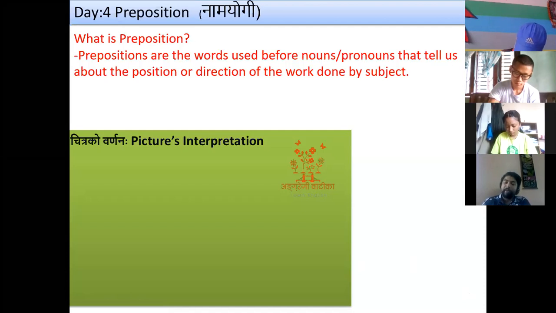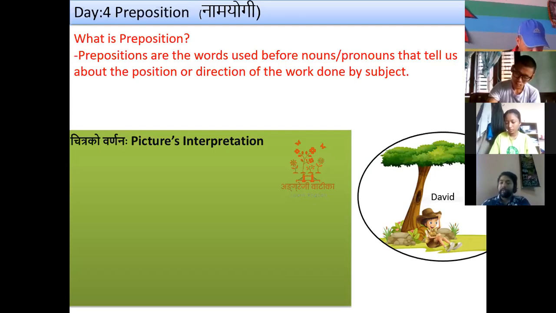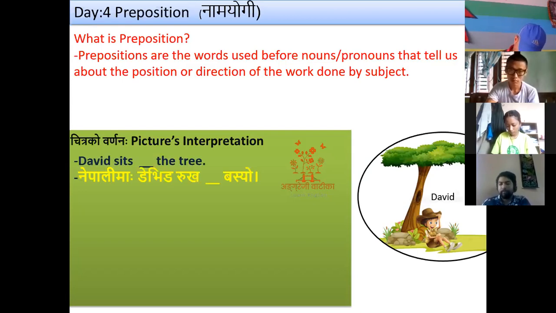Let me make this further clear with a diagram. On the screen you see there is a boy, and I've given him a name, David. He's sitting somewhere at the tree, as you can see. With reference to the tree, he is sitting somewhere. Now, let me describe his action in words.